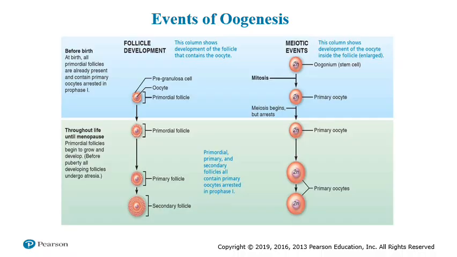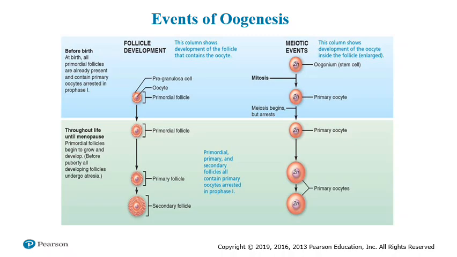The primordial follicle, you could see it under a microscope, is a very tiny follicle surrounded with one layer of squamous cells.